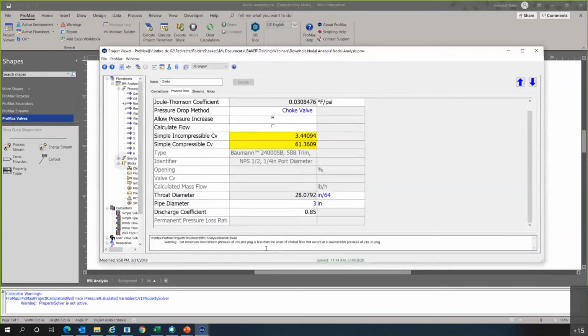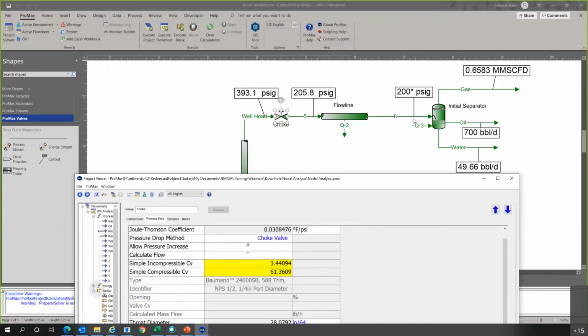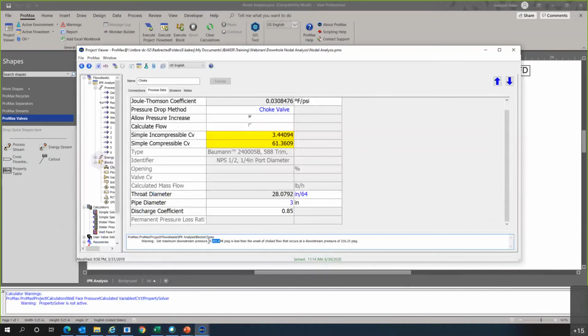So you'll see here that when I am set at 700, I do get a warning at the bottom, which tells me that my downstream pressure of 205, which is coming from just knowing that this is 200 at the separator and knowing what the back pressure of the flow line is. So ProMax is back calculating what that pressure before the flow line is. It's 205.8. And what we're saying here is that 205.8 PSIG is less than the onset of choke flow. Choke flow occurs at 216 PSIG.